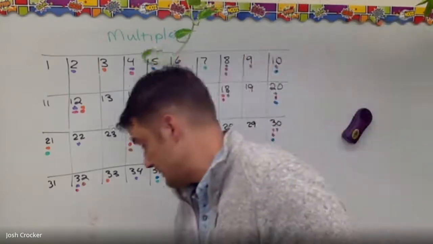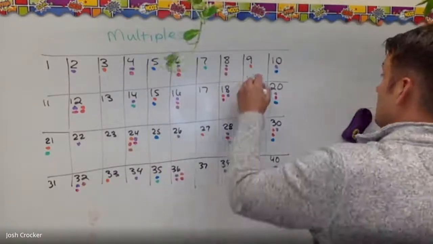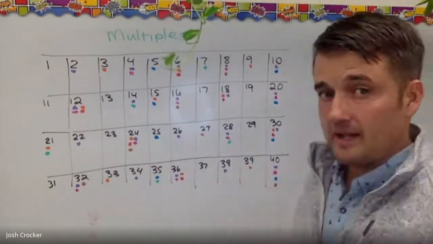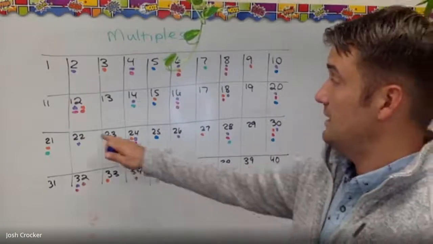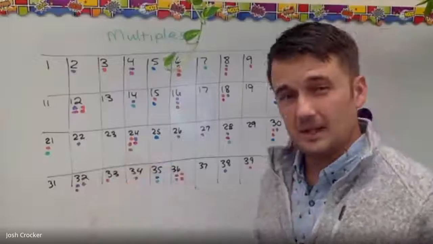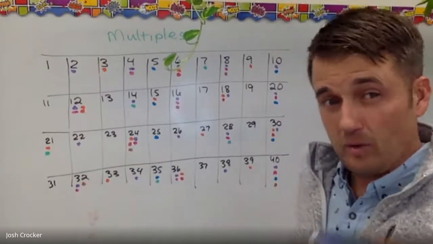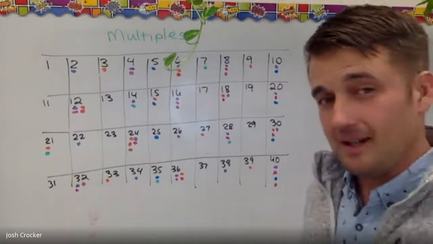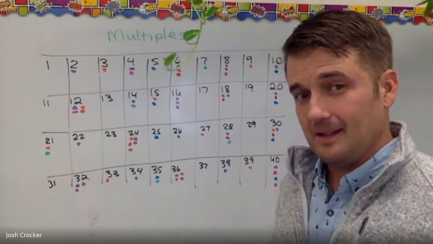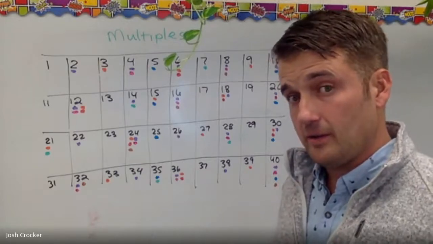9s. Let me ask you this: if I count by 9s, do you think I'm going to hit any numbers that have nothing? Think I'm going to hit them? I mean, it's a new number. I'm counting by a new number, but I won't. Why will I not hit any new numbers with 9? It's because 9 is made of 3, right?